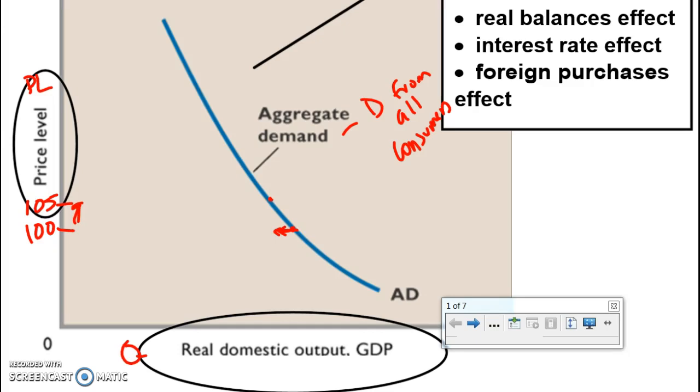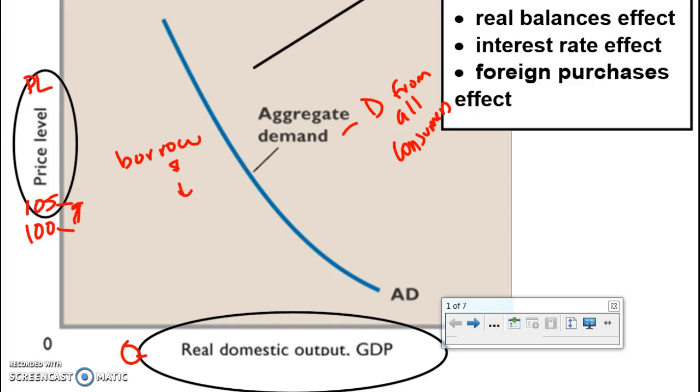And then there's the interest rate effect, which is basically a multi-step effect. As the price level goes up, we need to borrow more money in order to buy big ticket items like houses and cars. I'll write this here, this will make a lot more sense when we talk more about money.